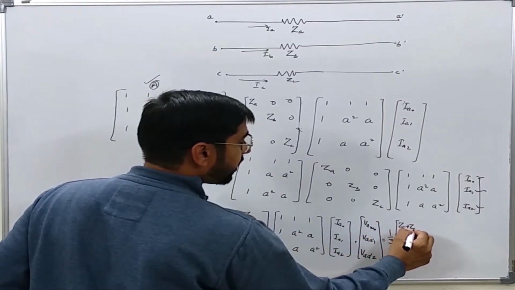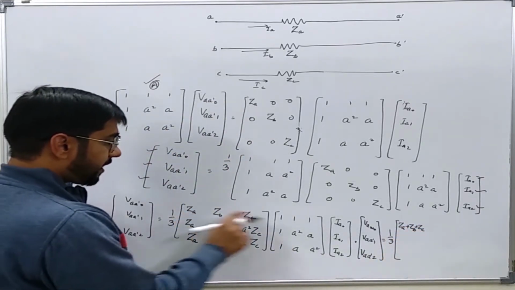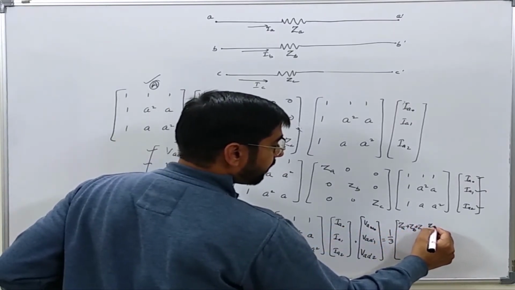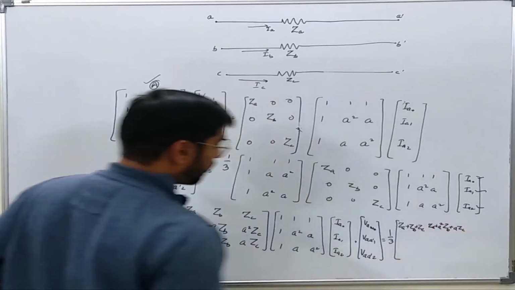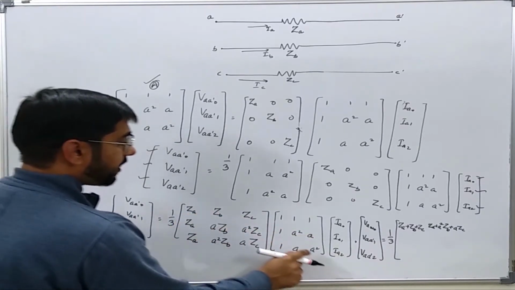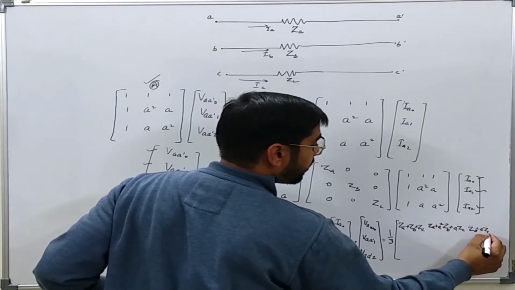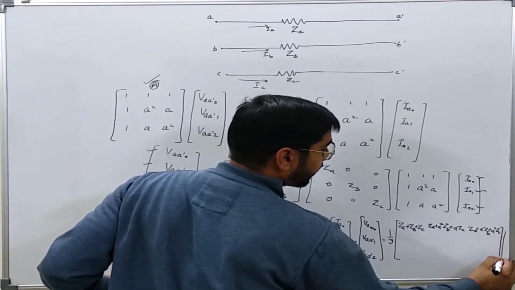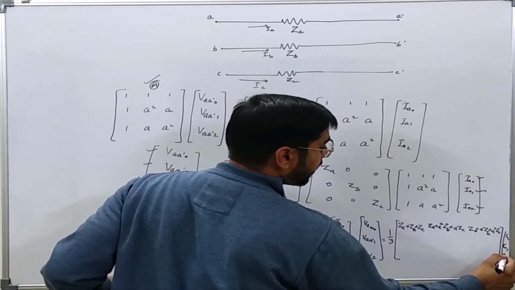Now next, ZA plus A square ZB plus AZC. Now the third column of first row, ZA plus AZB plus A square ZC. And here is the current vector IA0, IA1, IA2.